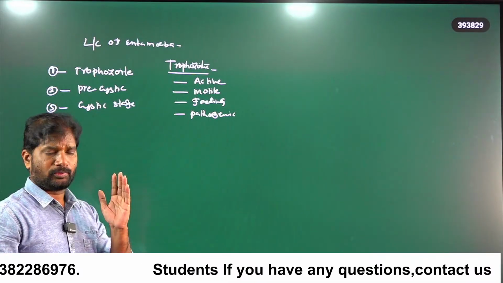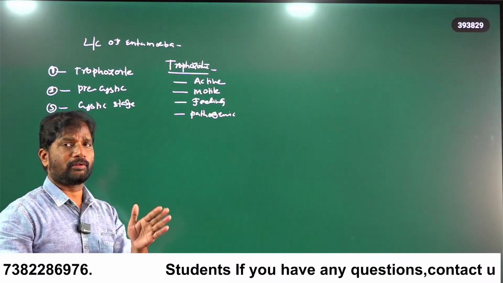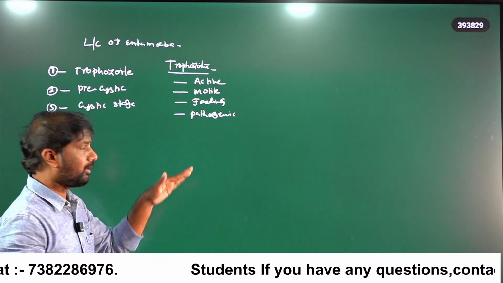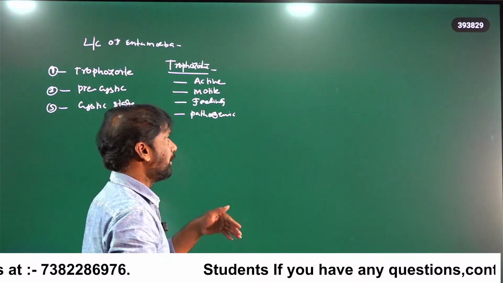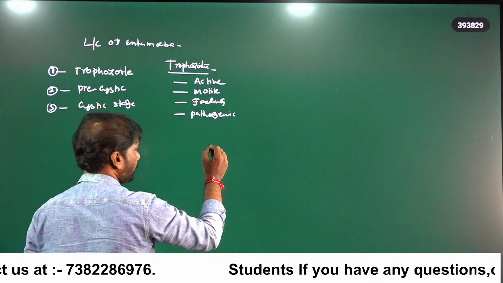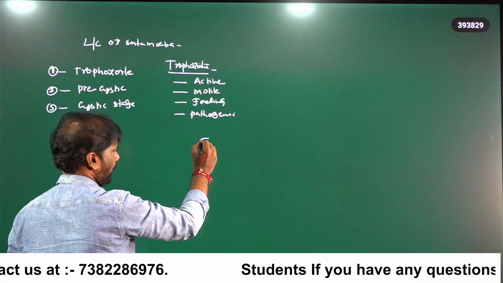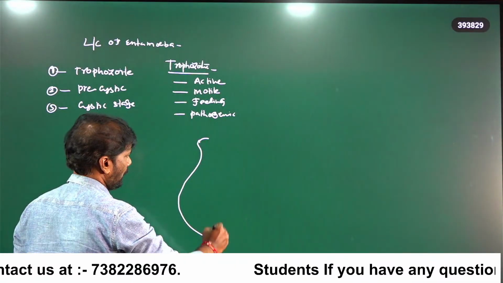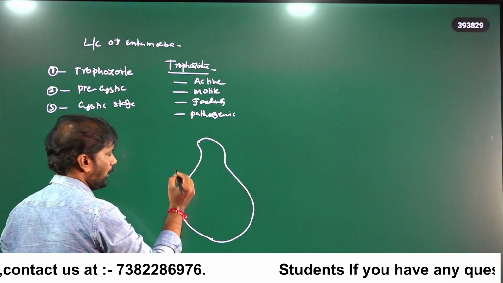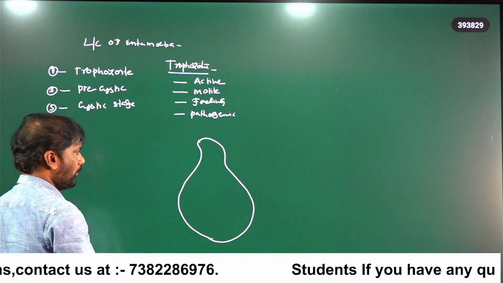The trophozoite stage is oval or spherical in shape. We can draw the diagram of the trophozoite to understand it.